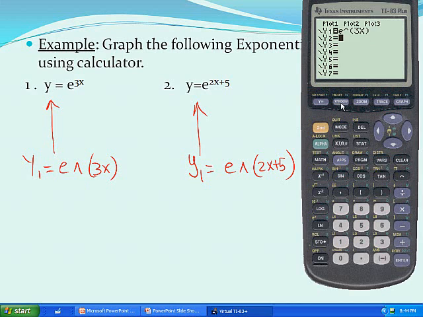Then we can use a standard window, and if we graph this, we will get a graph that looks like this. If we want to graph the second function, we can change the formula to exponential 2x plus 5 and graph, and we can adjust the window as we need.